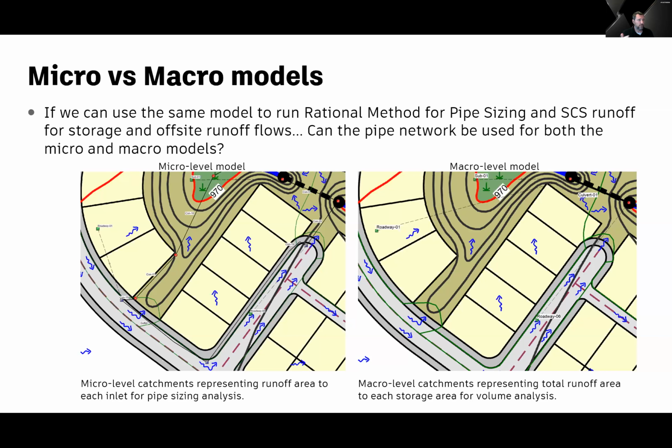But once you design the pipes, do you still want to continue with some separate network for the macro level? So anyway, I don't know if that helped, but that's what we're getting at on a couple of those questions, and we at least wanted to cover that.